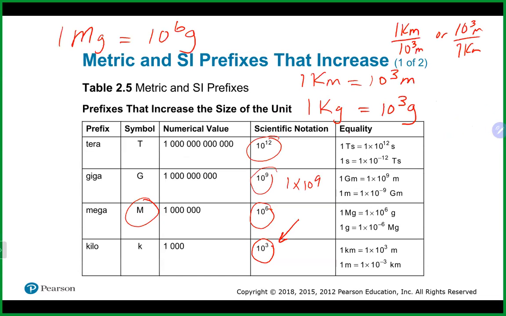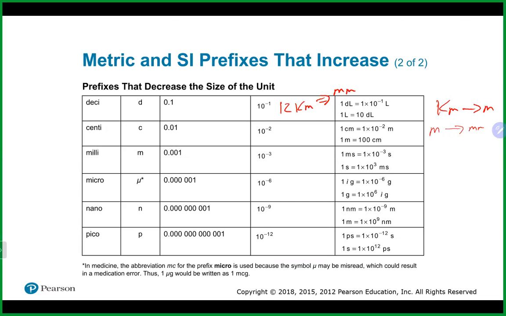So earlier on the previous slide, we saw kilo was 10 to the 3. So we know kilo is 10 to the 3. We also know milli, which is on this page, is 10 to the minus 3. So we can come up with our couple of conversion factors.